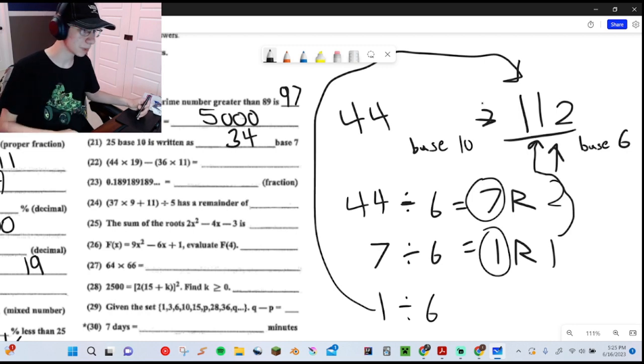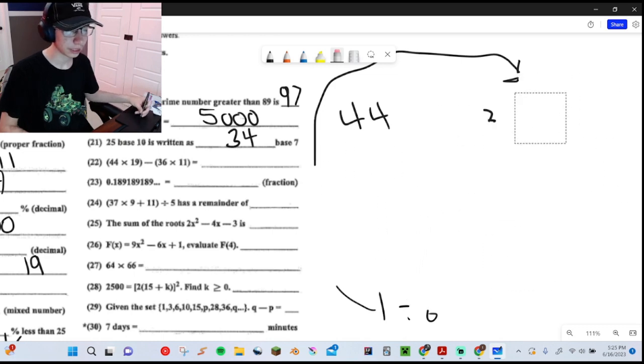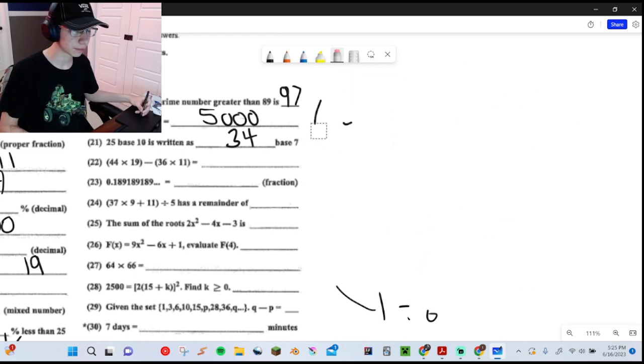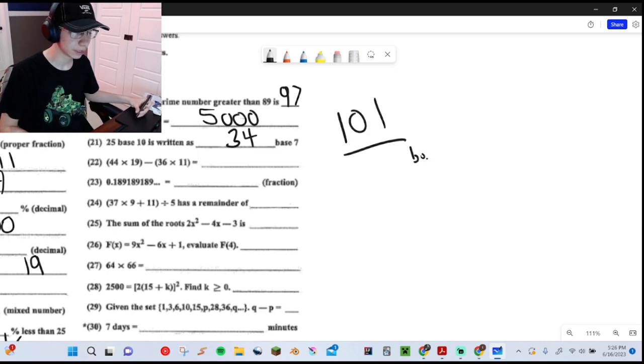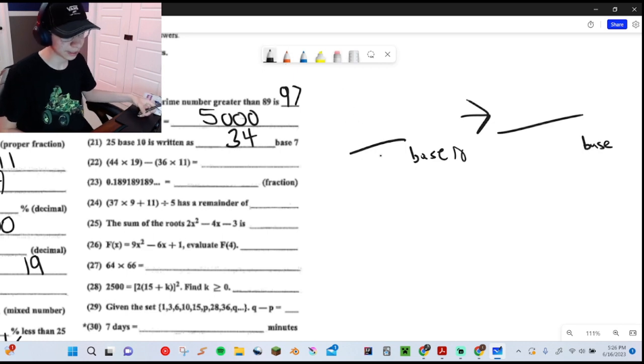Let's do one more example. So let's say I'm converting a base 10 number to another base. Let's do a big one. You'll see what I mean. Let's get a long answer.